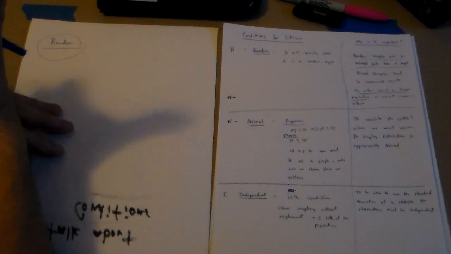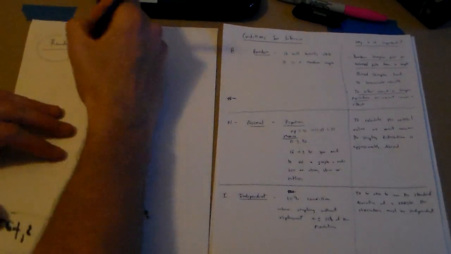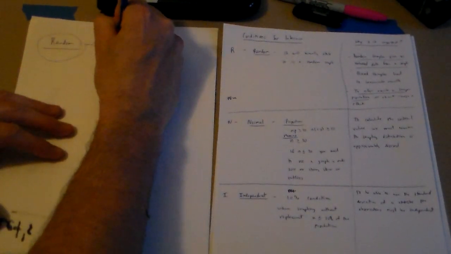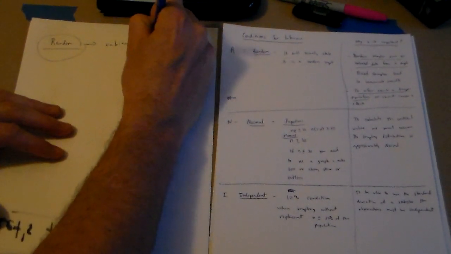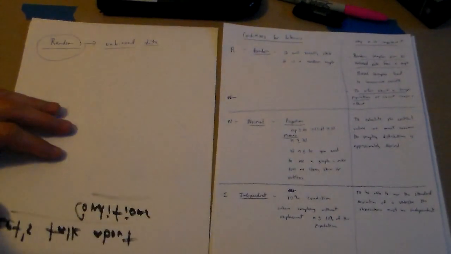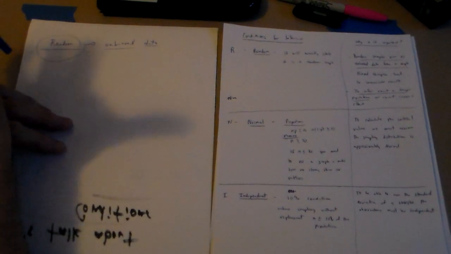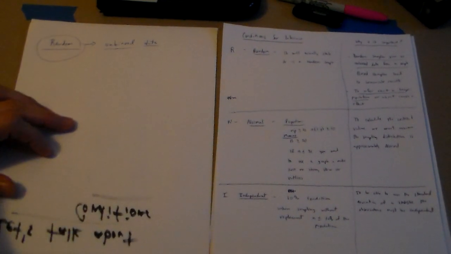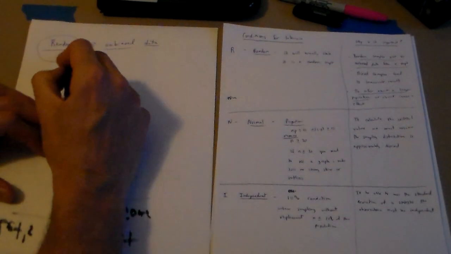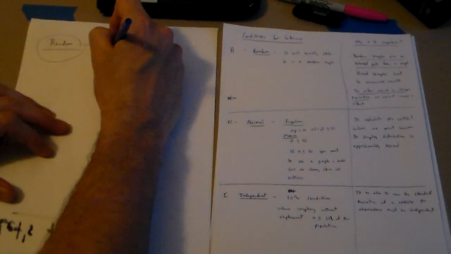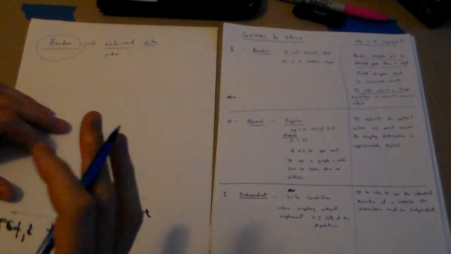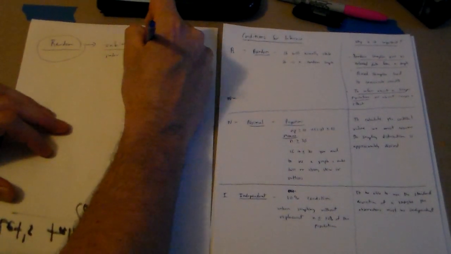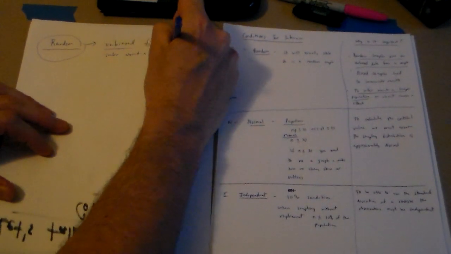Okay? Random samples give us unbiased data. Okay? And if something's not a random sample, then we really can't infer anything from that. We can't learn anything from that unless it's a random sample. So the reason we have the random sample is to get unbiased data, and so that we can make inference about a larger population.